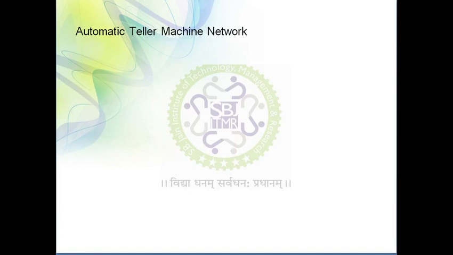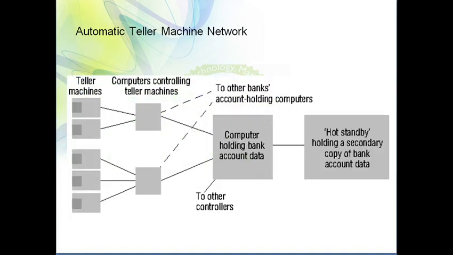In the case of an automatic teller machine, there are different teller machines, with computers controlling the teller machines connected to other bank account holding computers, computers holding bank account data, and other controllers.